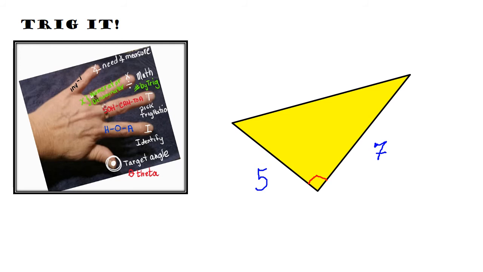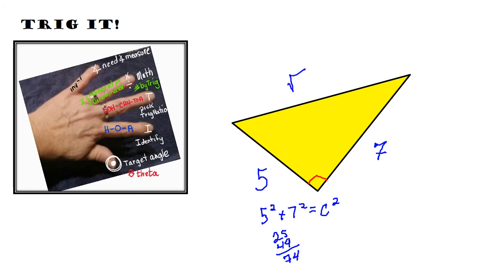Remember that when we solve a right triangle, it means we're finding all the angles and all the sides. So we would use Pythagoras to find the hypotenuse. 5 squared plus 7 squared equals our hypotenuse squared. 25 plus 49 gives us 74.